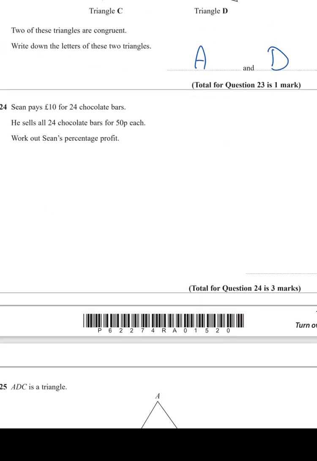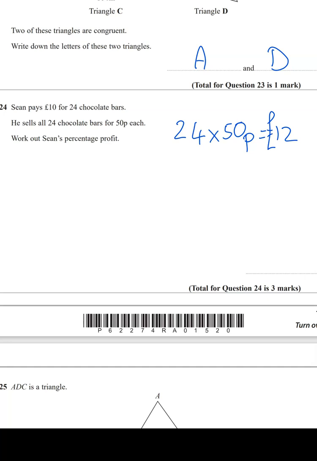Then question 24. Right. Sean buys 24 chocolate bars for £10. He sells 24 of the chocolate bars for 50p each. So we need percentage profit. Right, we need to work out how much money he gets. So we need to do 24 times 50p, which is £12, because I've times it by £1 and then halved it.